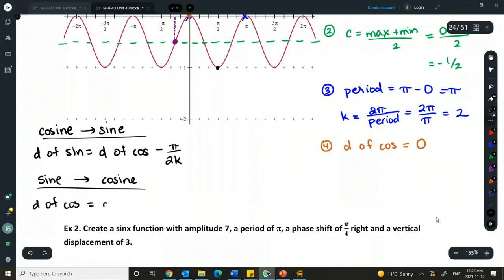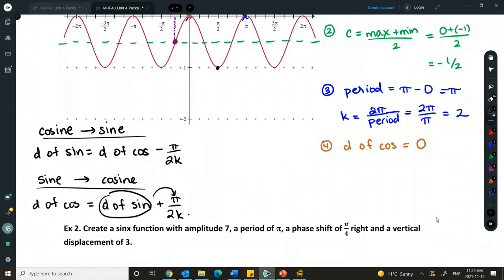Is it like pi over 2k plus the d of sine? Yeah. So d of sine, and instead of minus pi over 2k, we do plus pi over 2k. Because if I have the rising midline, the max is always going to happen to the right of that, because I rise up into the mountain from the rising midline.